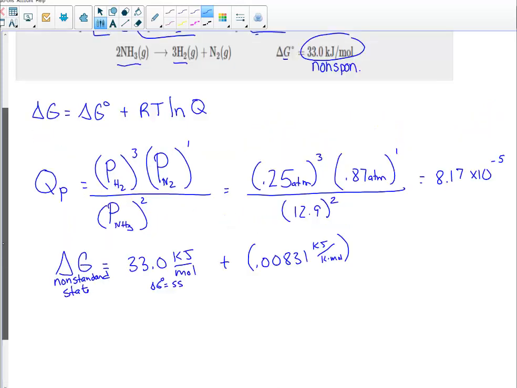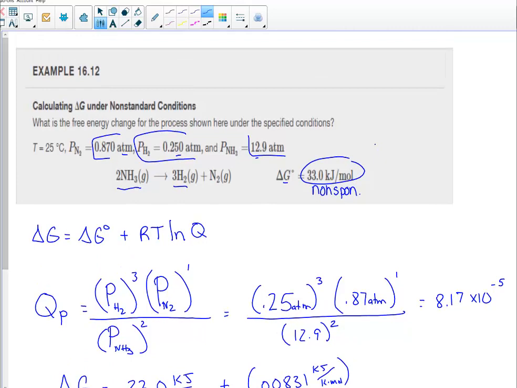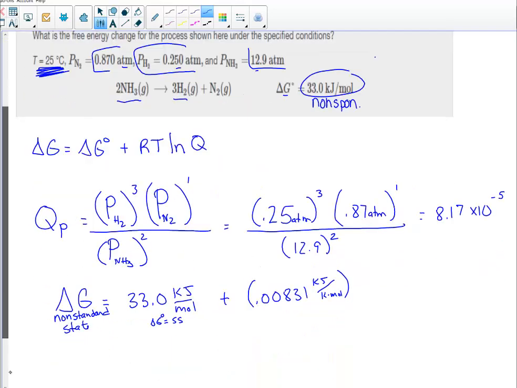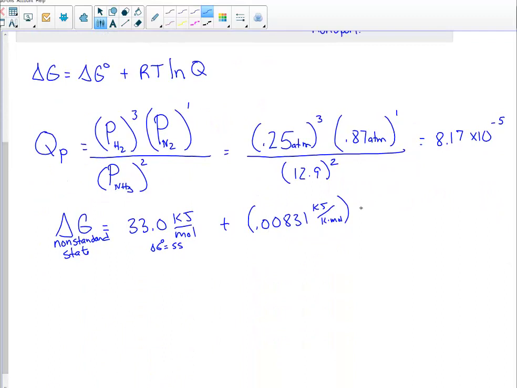The temperature at which we ran is 25 degrees Celsius, and so that's 298 Kelvin, times the natural log of Q, 8.17 times 10 to the negative 5th. I'm going to simplify RT ln Q and write that value down.